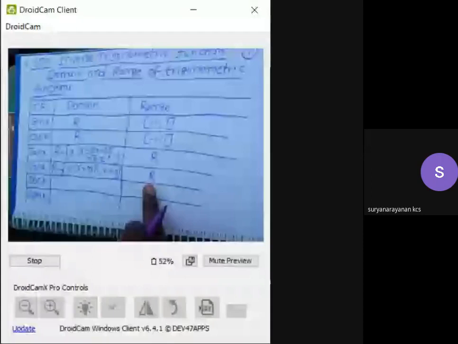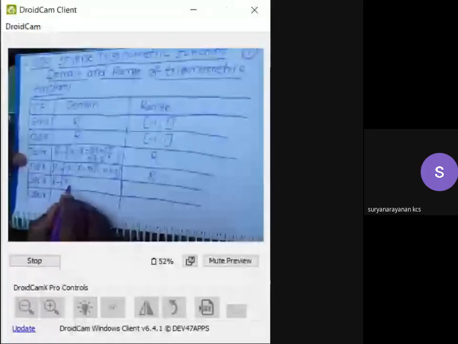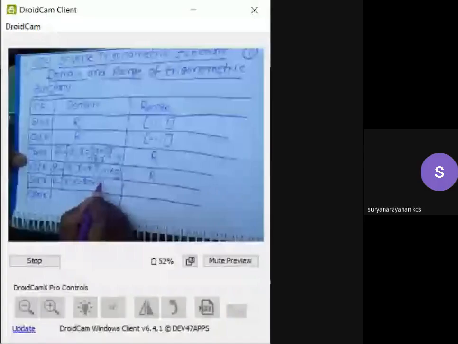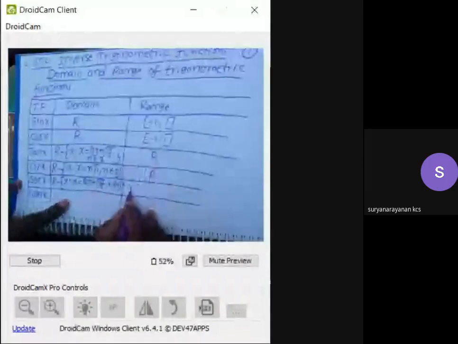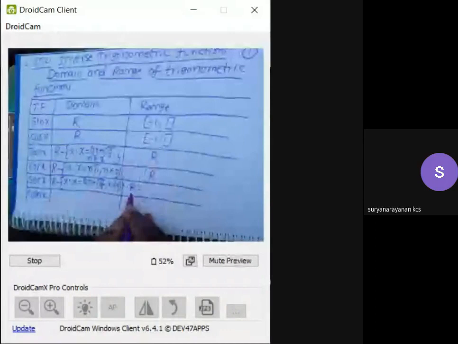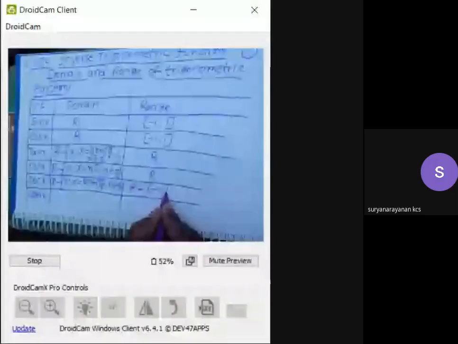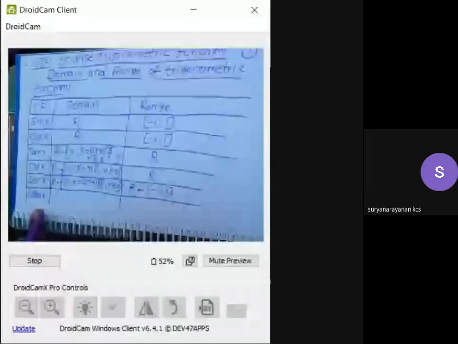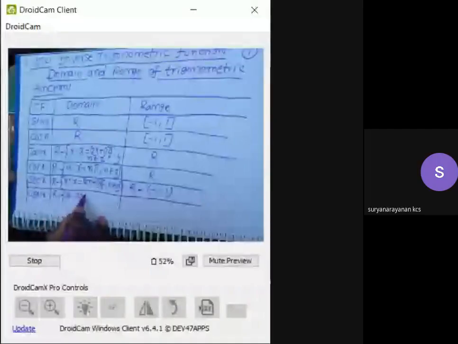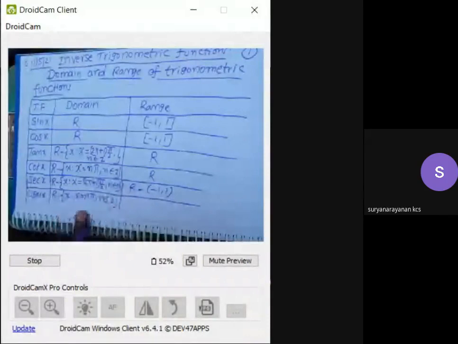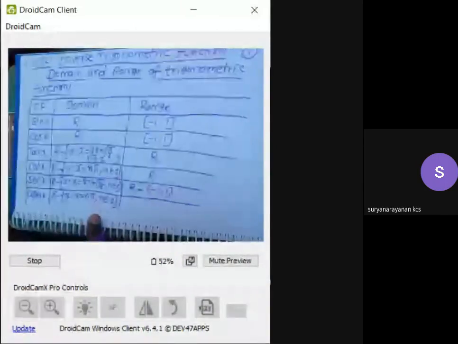The domain is R minus the set of x such that x is equal to (2n+1)pi by 2, n belongs to Z, and the range of secant x is R minus the open interval (-1, 1). The domain of cosecant x is R minus the set of all x such that x is equal to n pi, n belongs to Z, and its range is R minus the interval (-1, 1).